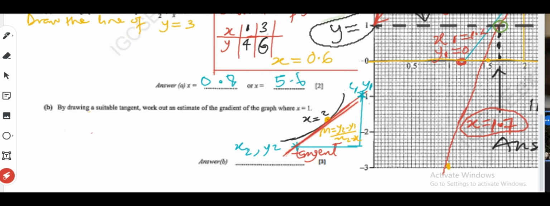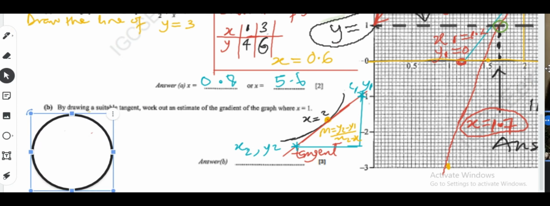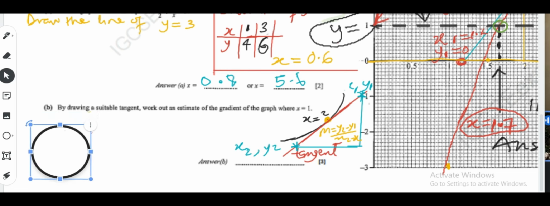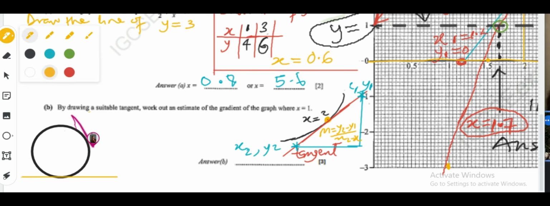In fact, if I have a circle, a tangent is a line such that the angle between the radius of the circle to that line is always what?